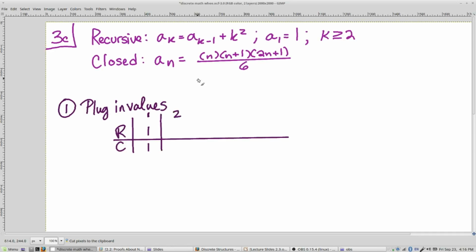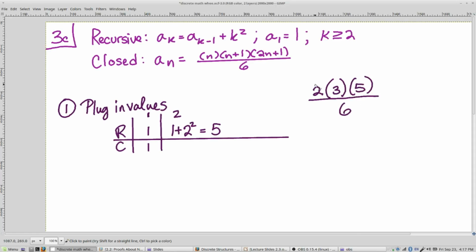Okay, so 2. For recursive, it's the previous item, 1, and then plus whatever that k value is, so 2 squared, which is 4, giving 5 here. Over here, we plug in 2, so 2 times 3 times 2 times 2 plus 1, which is 4 times 5 over 6.